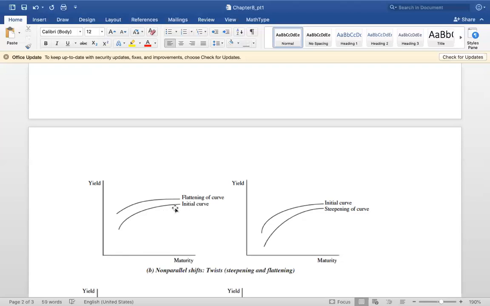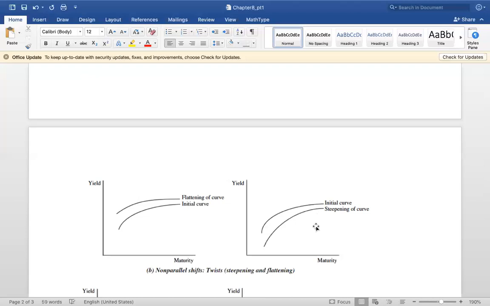So the difference between long-term yield and short-term yield has decreased. Its reverse is the steepening of the yield curve, which is happening here. The difference between long term and short term is increasing. The difference between long term yield and short term yield is low here compared to here. It's increasing, and we call it steepening of the yield curve.